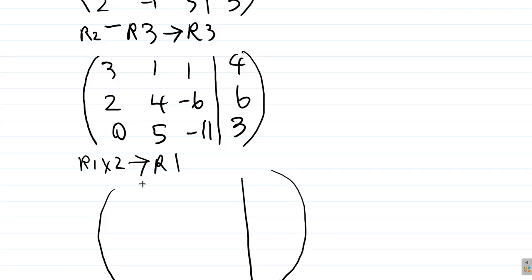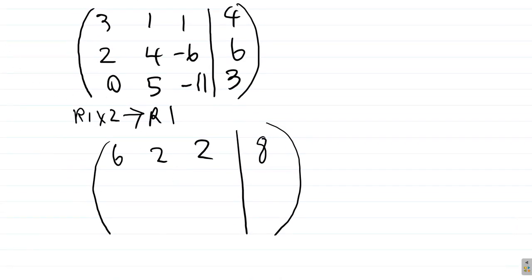If we multiply row 1 by 2, we would have 2 times 3 is 6, 2 1s are 2, 2 1s are 2, 2 4s are 8, alright? We could change row 2 at the same time, but let's do one thing at a time. Let's write back row 2 as it is, and then 0, 5, negative 11, 3.